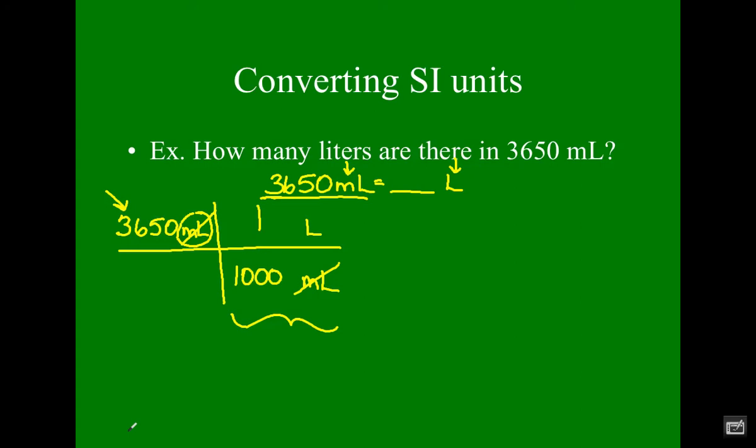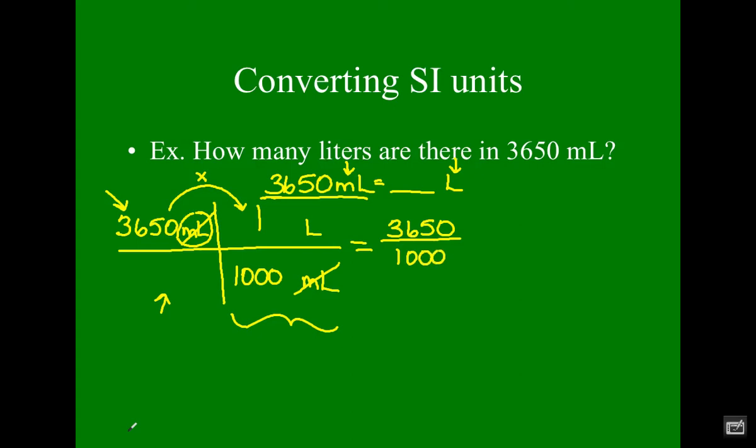Then I take the two numbers across the top and multiply them. So 3,650 times 1 gives me 3,650. This spot on the bottom doesn't have any number, so we don't need that. The only number here is 1,000.